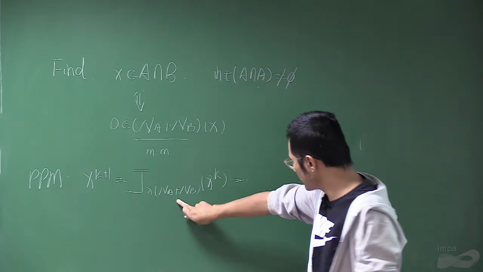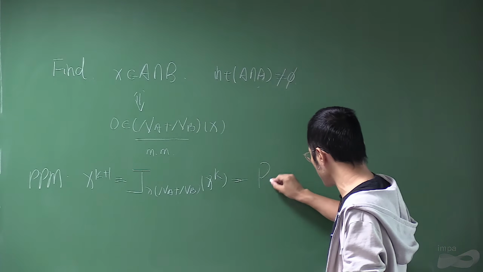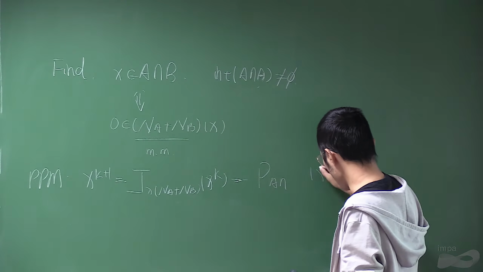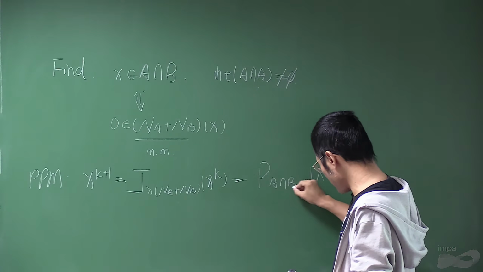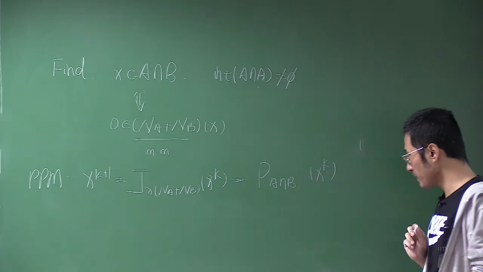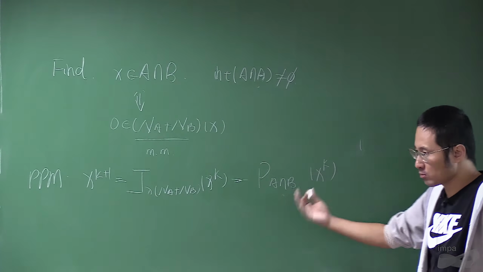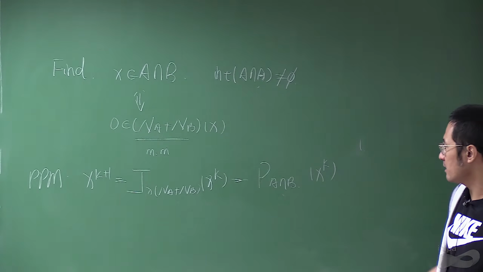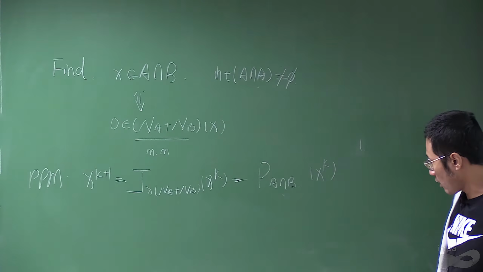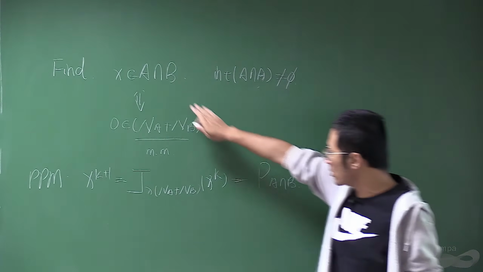And we know the resolvent of this is just the projection of the point x_k onto A intersect B. If you know the closed formula of this, you can calculate it directly. You do not need to use an iterative algorithm to solve this problem, okay?